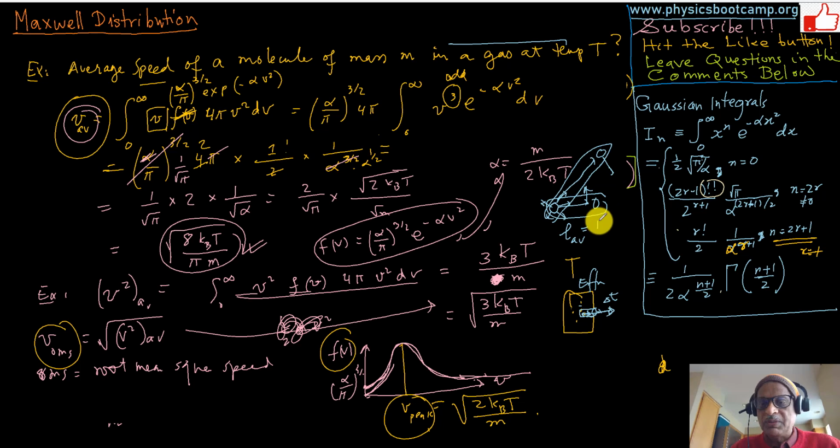This is called mean free path. You can use these speeds to figure out a formula for mean free path. I'm not going to do this. You can check that website to study more of those concepts. So this is the concept of effusion and the concept of mean free path.